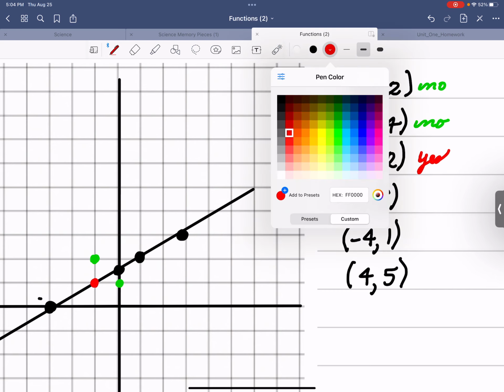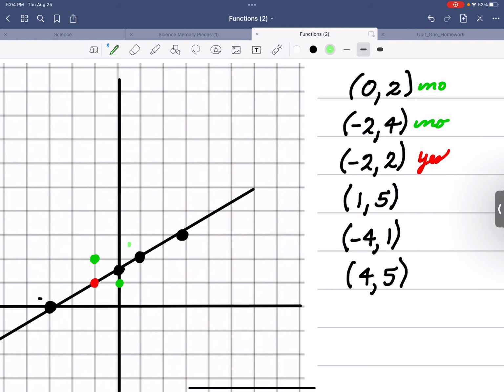This is just some good practice with graphing. So that one is a no. Back 4, up 1. Back 4. Remember, you start at origin. So there's 4, up 1. Yes, that is a point on this line.